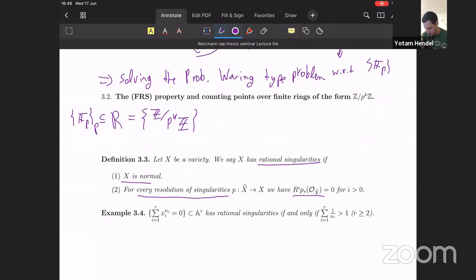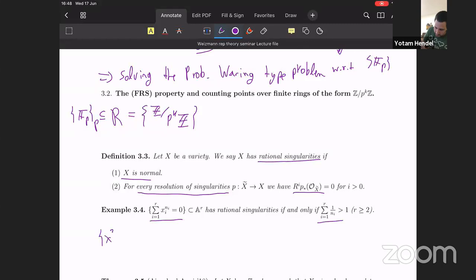Here are some examples of a variety having rational singularities and some non-example. If you have the affine variety in r-dimensional affine space cut out by the sum of x_i to the power n_i, then this has rational singularities, given that r is at least 2, if the sum of 1 over n_i is strictly larger than 1.